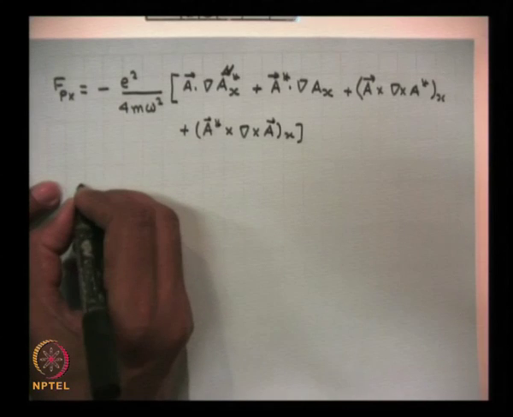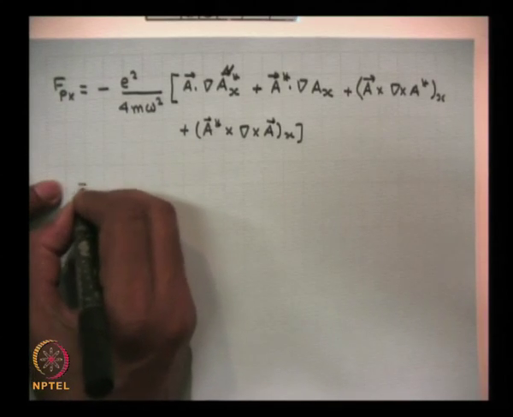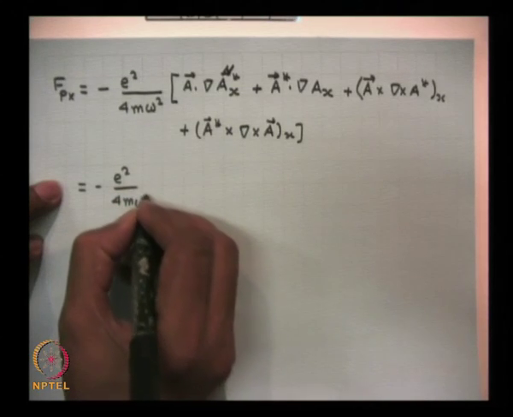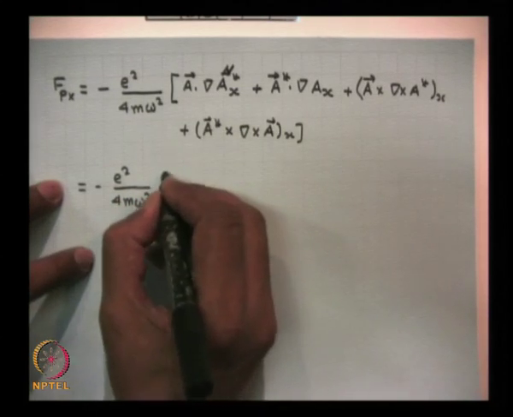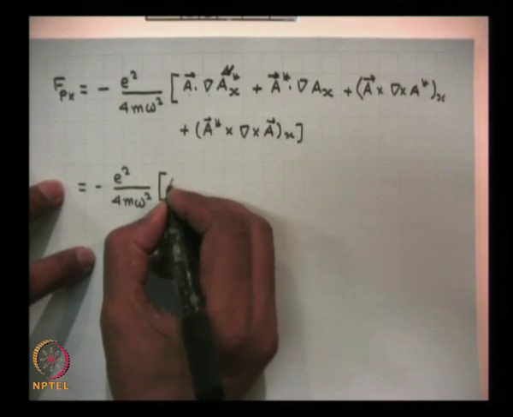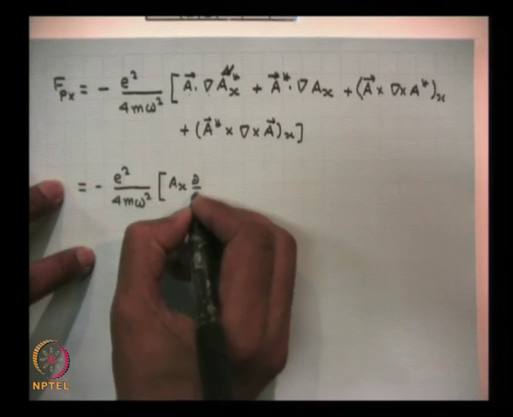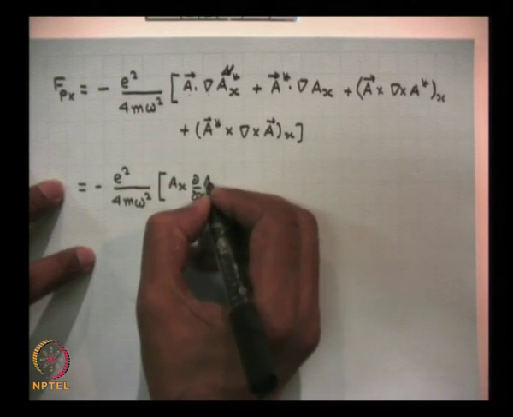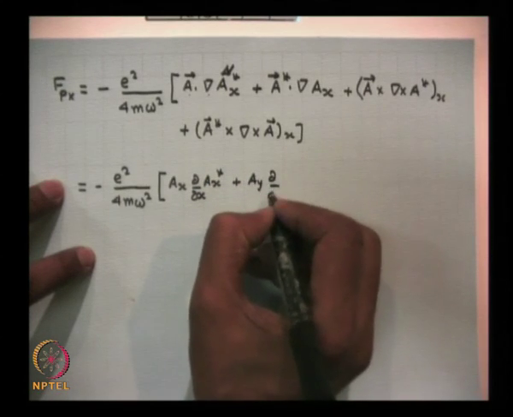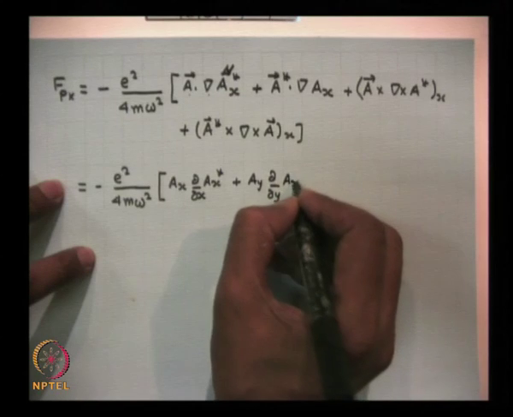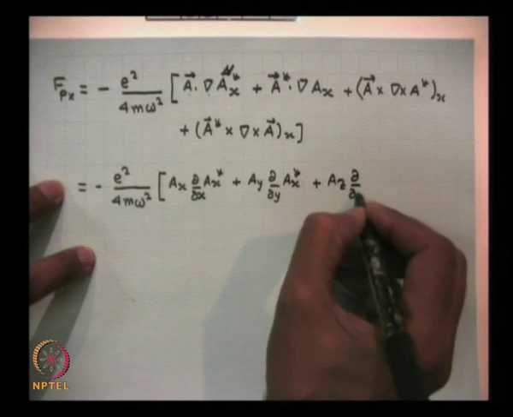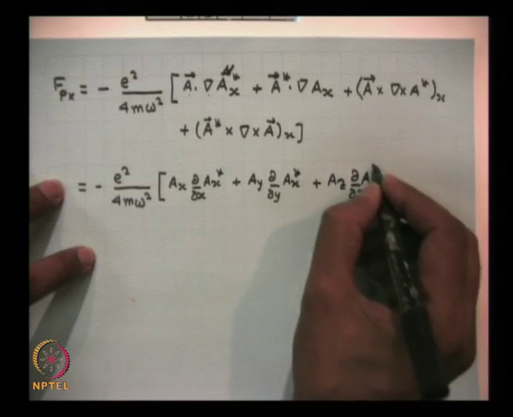Let me simplify this. This is equal to minus E square upon 4m omega square. A dot del has 3 terms. This is Ax del/del x of Ax star plus Ay del/del y of Ax star plus Az del/del z of Ax star.